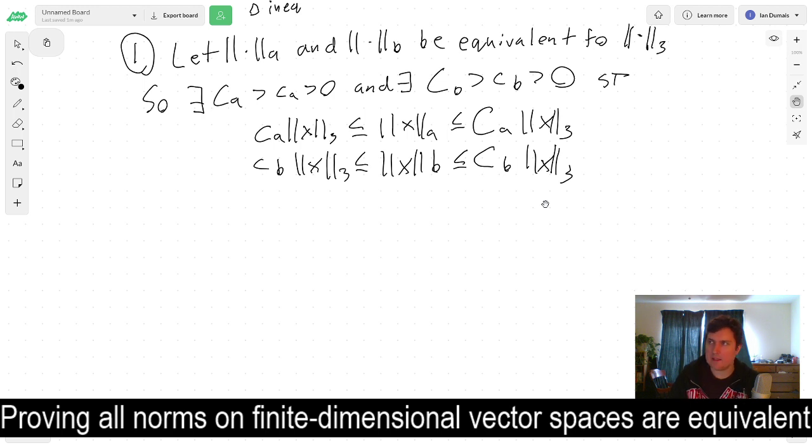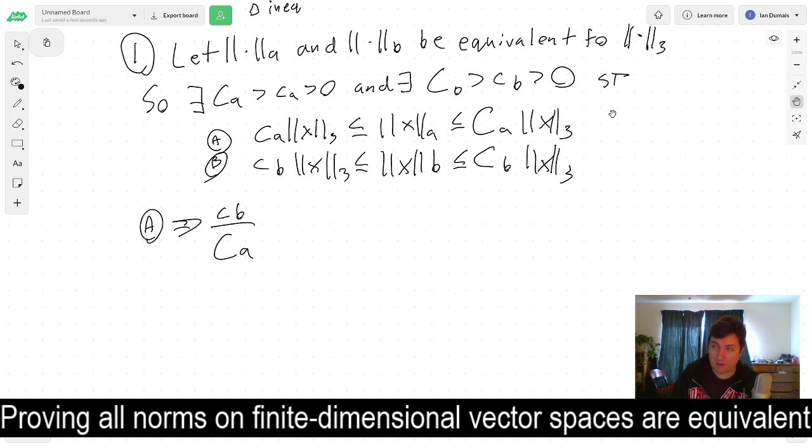So if I multiply this top thing through by c_B over c_A, and I really only care about the right side for the moment. So because of, here, I'll call this statement A, statement B. So statement A implies we can write, if I multiply by little c_B over big C_A to both this term and that term, this is a ratio of positive numbers.